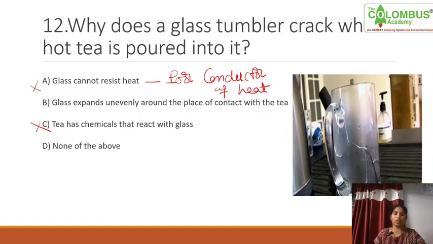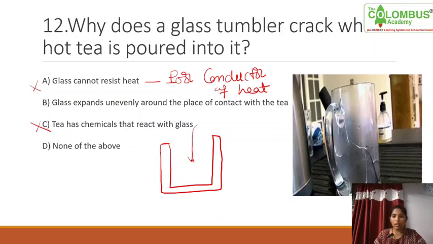Now check the second option: glass expands unevenly around the place of contact with the tea. This is a glass tumbler, and the wall thickness of the glass tumbler will be more. If I pour hot tea into the glass tumbler, the heat will try to expand the glass. But glass is a poor conductor of heat, so the heat is not immediately transferred to the outer wall.